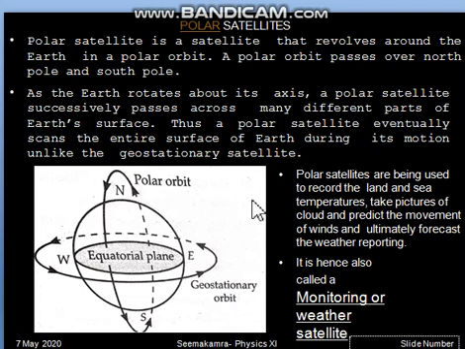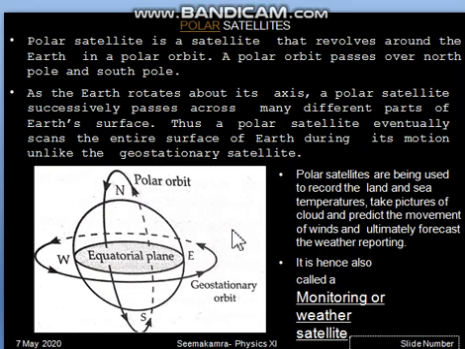Let us conclude the differences here. First difference is the orbit. Geostationary satellite revolves in the equatorial orbit, but a polar satellite revolves in the polar orbit of Earth. Second difference is that a geostationary satellite always faces the same location of Earth, but a polar satellite is not focused on the same location, it covers all the locations of the Earth.